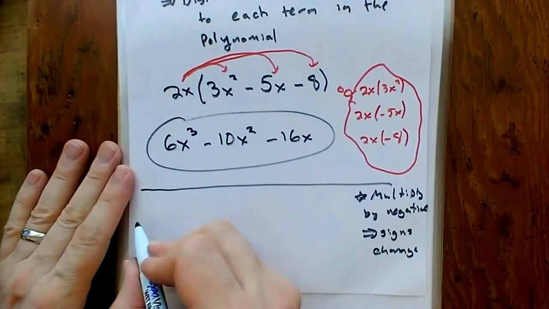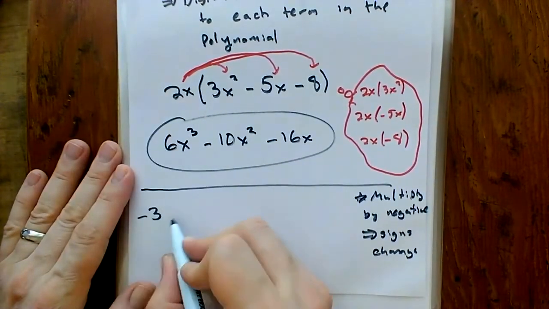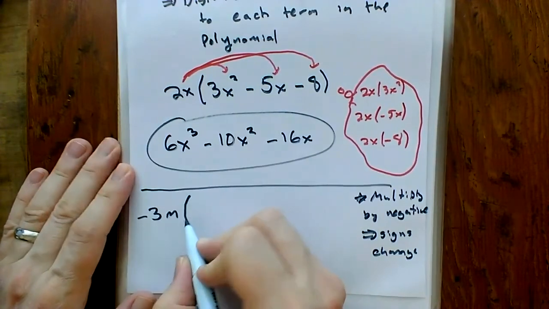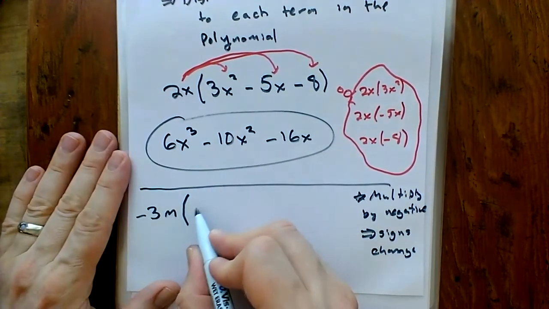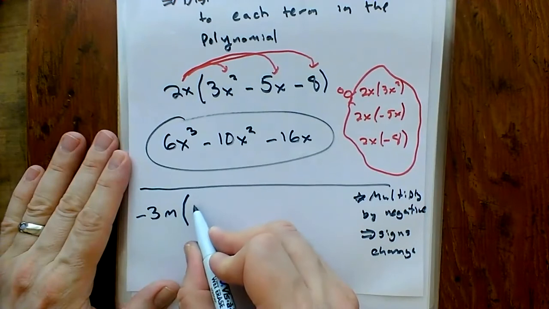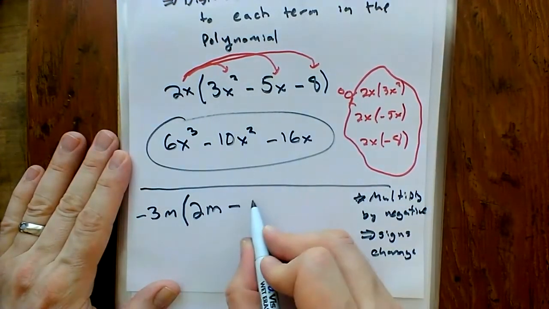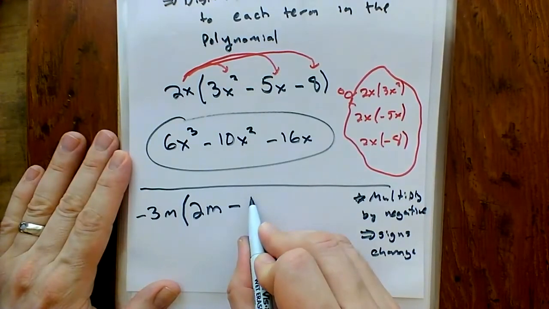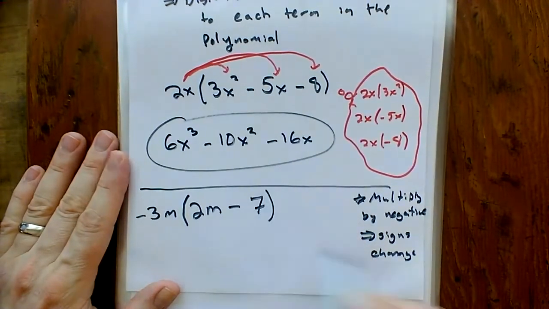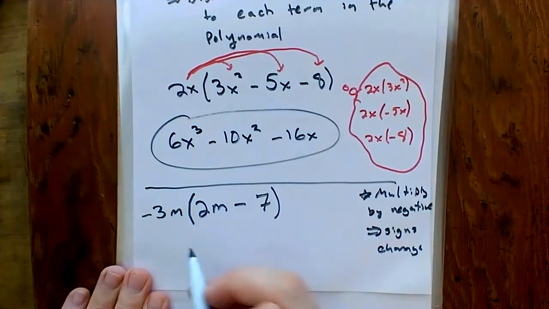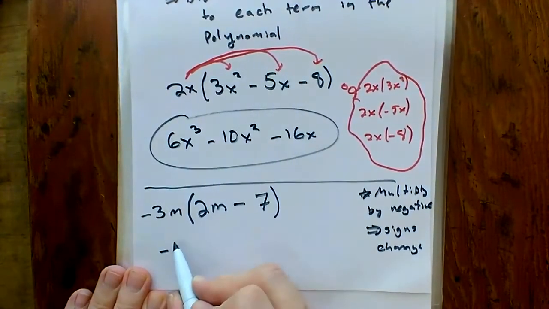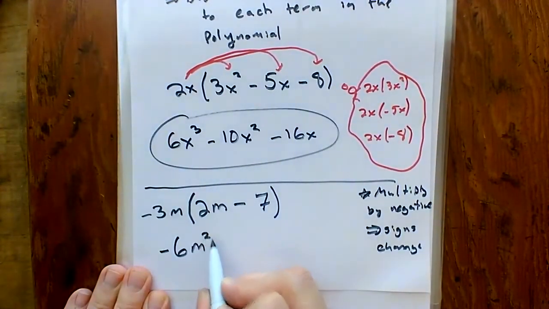So say we've got minus 3m, and I'll multiply that by, say, 2m minus 7. Negative times positive is going to be negative. In this case, it's going to be negative 6m squared.